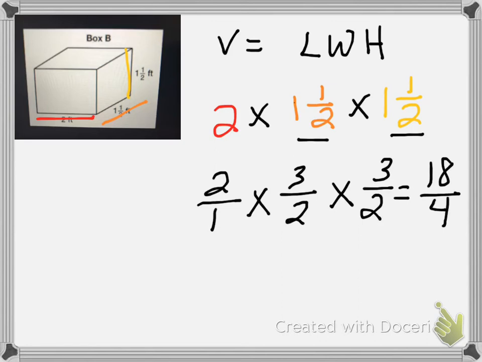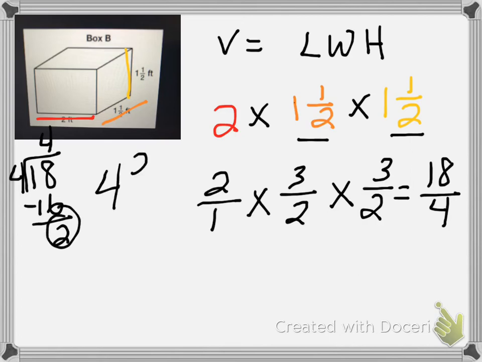And then to find our answer, I'm going to go over here. 18 divided by 4. 4 goes into 18 4 times. 16, subtract, that leaves us with 2. So our answer would be whole number 4 with our remainder 2 over our original denominator of 4.